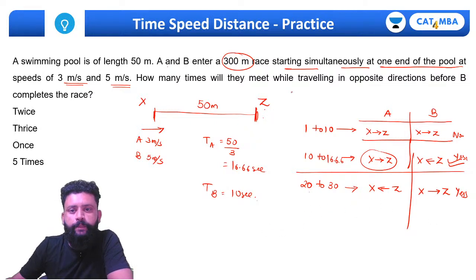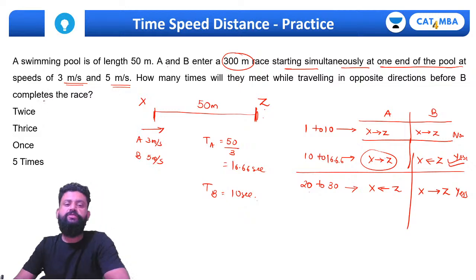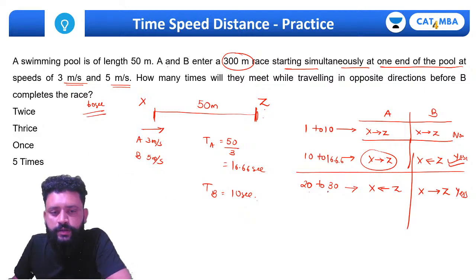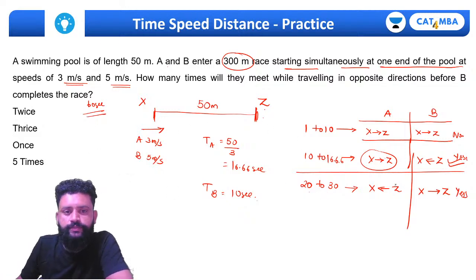आफ्टर दैट देखो b फिनिश द रेस, b फिनिश कितनी देर में करेगा, b फिनिश इन 60 सेकेंड्स, राइट, 100 seconds for one round, 300 मीटर खत्म.